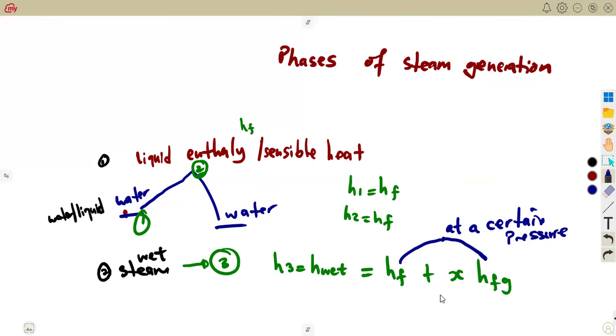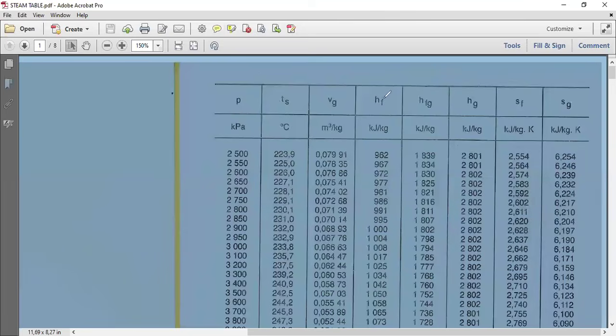So the HF, these are values that you have on your steam table. If you are given a temperature, you can have your HF, your HFG, and you can also have your HG from there.